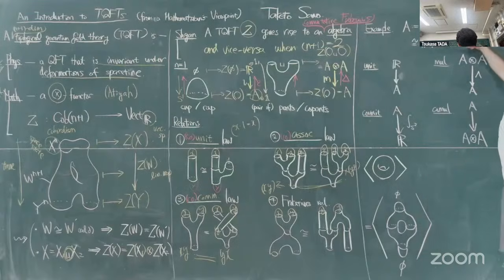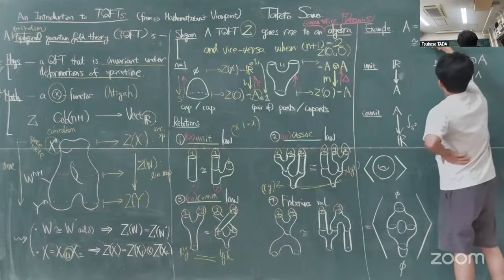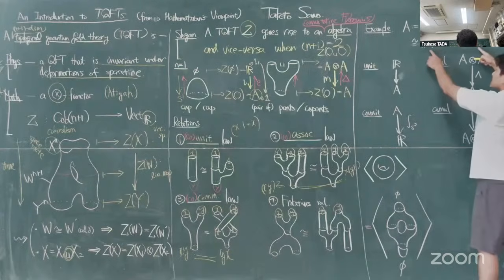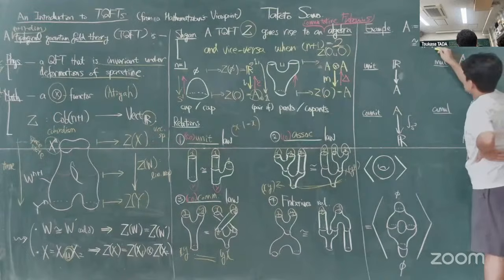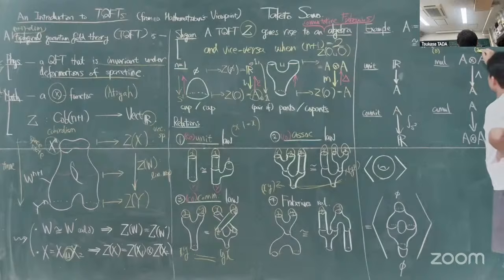This S2 is just a two-dimensional sphere, identified as a complex projective line. And the cohomology ring of this is two-dimensional. So we have one generator in degree 0 and one generator in degree 2, which we call X. This X is the first Chern class of this complex projective line.